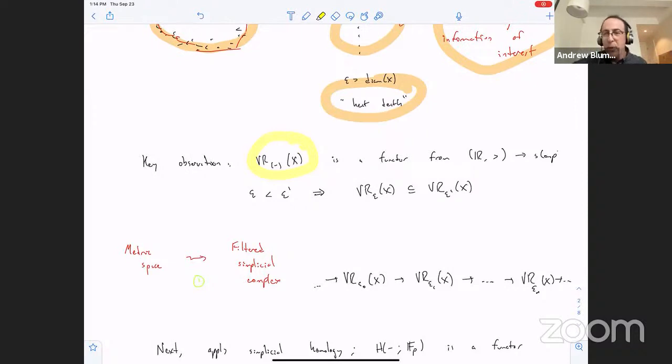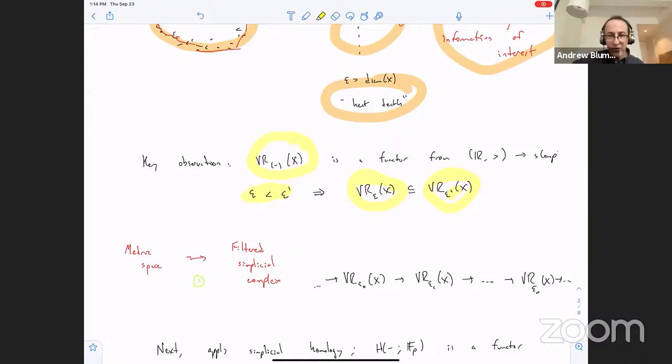I'm taking the ordered poset R, regarding it as a category. All I'm really saying is that if epsilon prime is greater than epsilon, then the Vietoris-Rips complex for epsilon sits inside of the Vietoris-Rips complex for epsilon prime. And why is this? Because as you increase that scale parameter, you are monotonically adding simplices. Never delete anybody, but sometimes you add new ones.